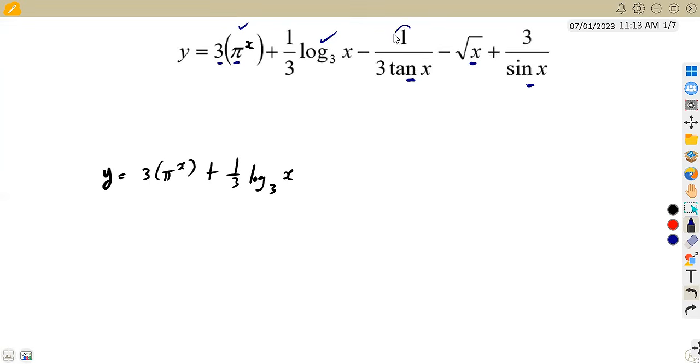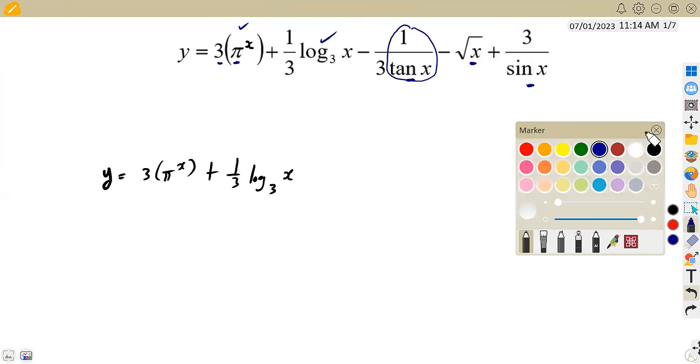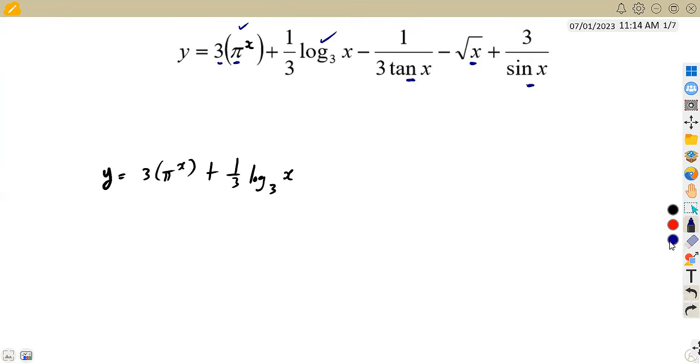So this is 1 over tan x, which is cot x. Remember, this can be written as 1 over 3 times 1 over tan x. So 1 over tan x is cot x. Meaning this is going to give us minus 1 over 3 cot x in this case.